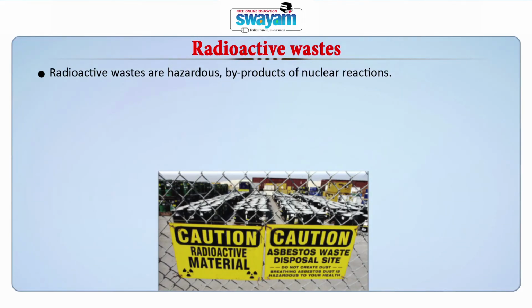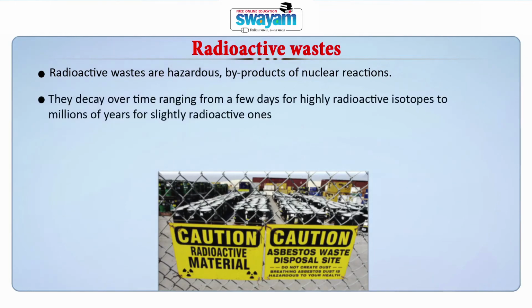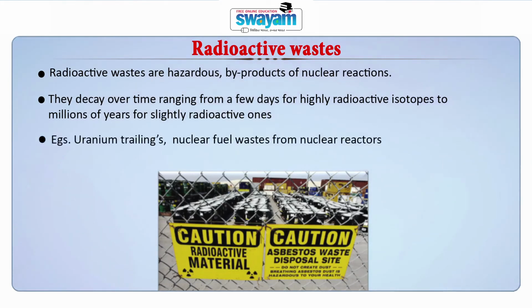We also know that radioactive materials or radioactive waste decay over time, ranging from a few days to millions of years. I would like to give one example. Take the case of iodine 131. This is a radionuclide that is generated in nuclear power plants, and its half life is just 8 days, whereas another radionuclide generated in our nuclear power plants is strontium 90.